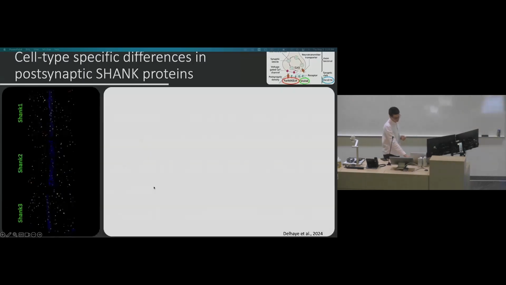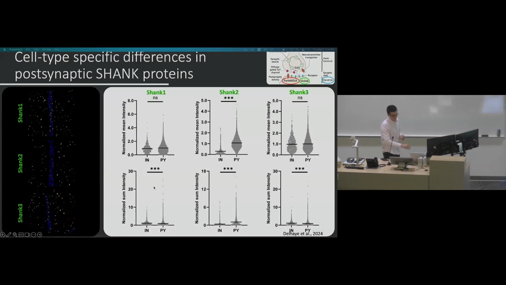When we looked at the quantification, we could see a significant difference in the mean intensity as well as the sum intensity for the SHANK2 signal on synapses made on pyramidal neurons versus interneurons, while there was no difference in the mean intensity for synapses containing SHANK1 and SHANK3.